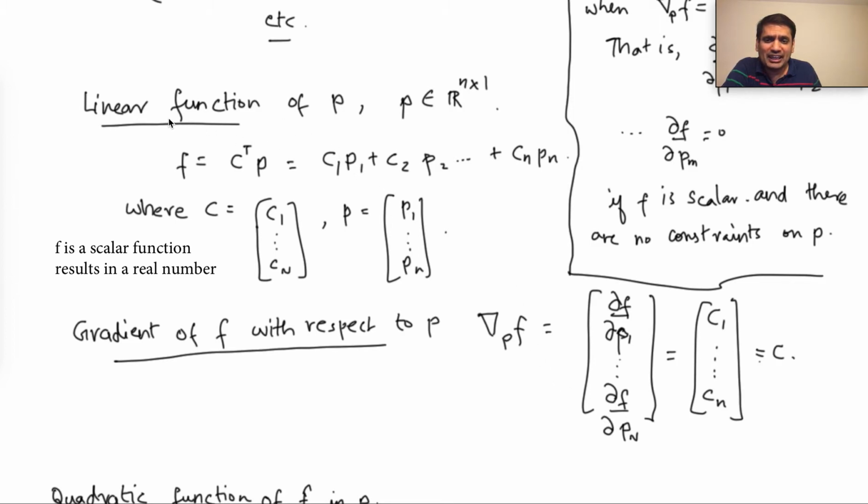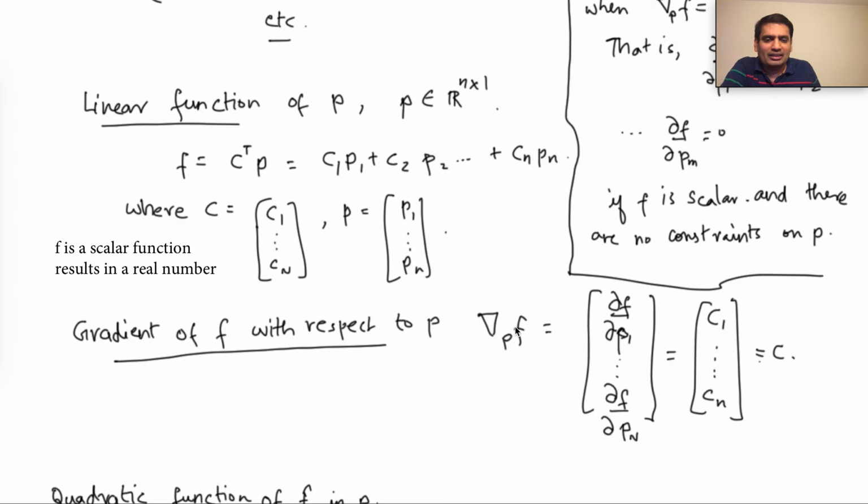Now, of course, if you take this particular linear function of p, potentially including a constant c0, and take the gradient of f with respect to p, you can compute the partial derivatives of f with respect to p, and of course, they're going to be c1. If you differentiate this expression with respect to p1, that's just going to be c1. With respect to p2, it's going to be c2, etc., right?